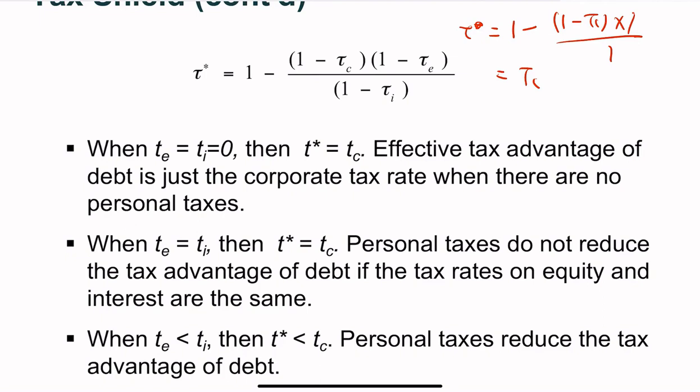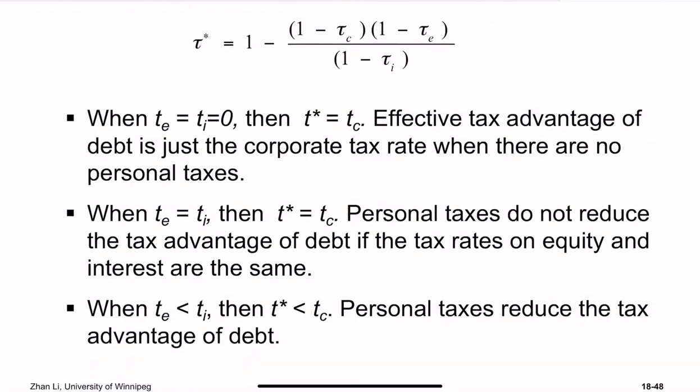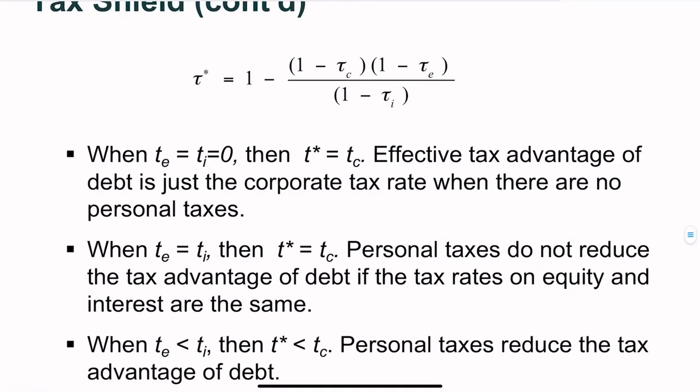Recall that we started with the case of just corporate taxes. Okay, next, we discussed the case when there are personal taxes, but the tax on the interest income and the equity income are the same. In this case, you can see that if TE equals TI, then these two parts will just offset each other.